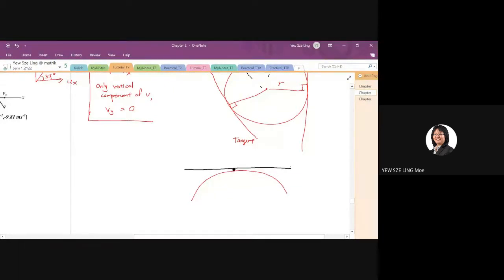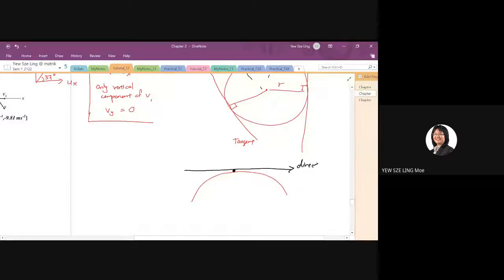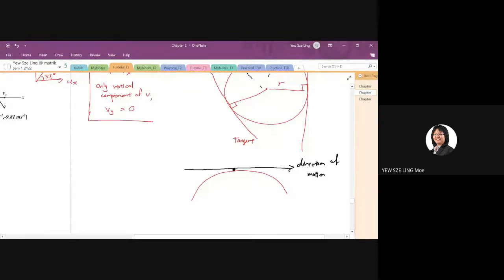This is the direction of motion, so the value pointing in this direction represents the resultant value. Therefore, our V at maximum height is equal to Vx, because the direction of motion is lying on the x component.